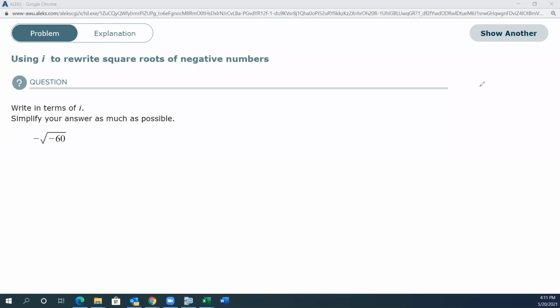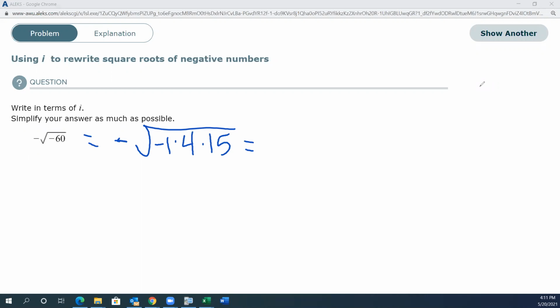Okay, so this negative sign is outside the radical, so that doesn't do anything new. But the one inside, we can say, hey, I can factor out a factor of -1 because of the -60. And 60, is there a perfect square that goes into that? It's going to be 4, and it goes in 15 times.